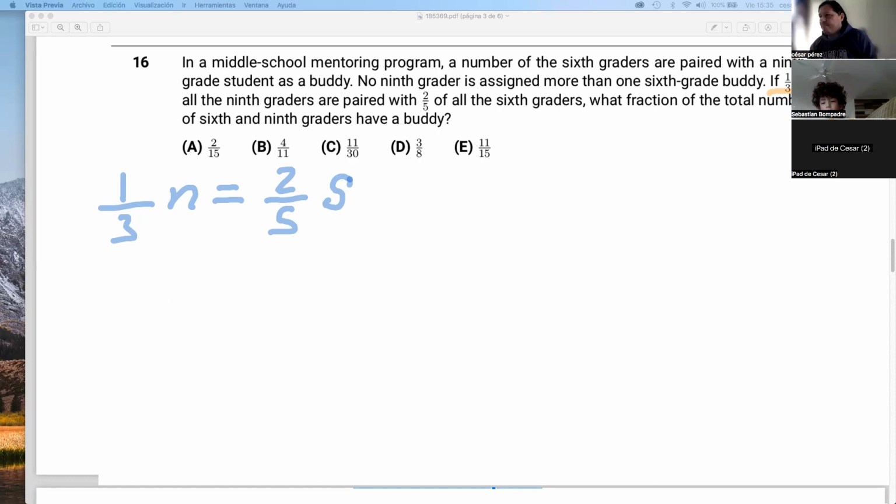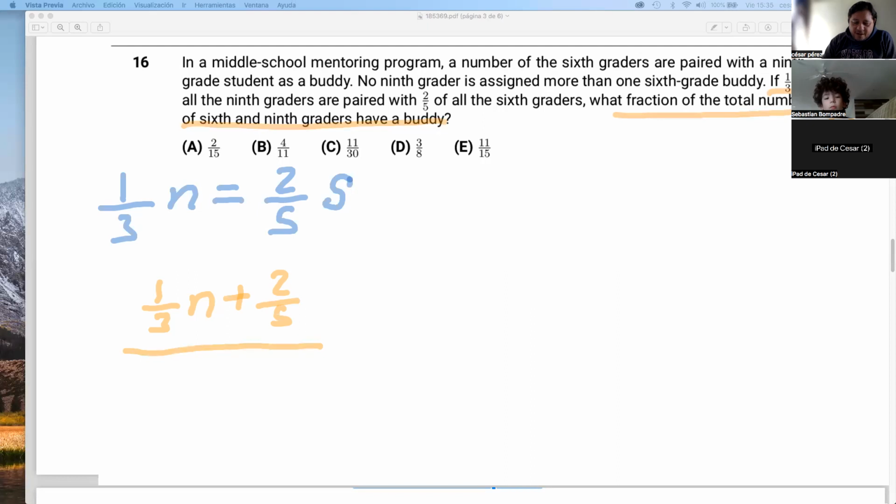Okay. And how can we write the fraction of the total students? We will need to use 1/3 of N plus 2/5 of S, 2/5, over 5.